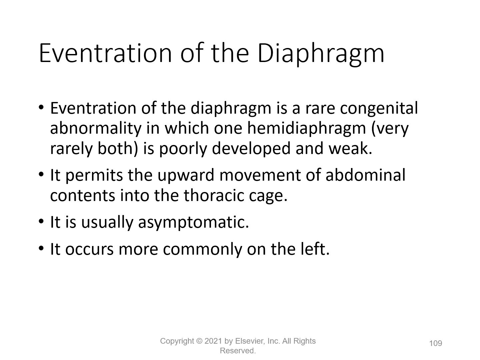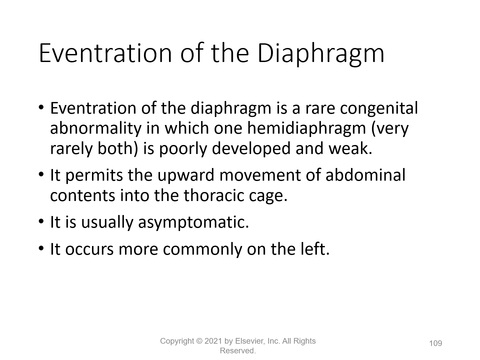Okay, eventration of the diaphragm is a rare congenital abnormality where one hemidiaphragm, or one half of the diaphragm, is very poorly developed and weak. And so it permits the upward movement of the abdominal contents through into the thoracic cage.